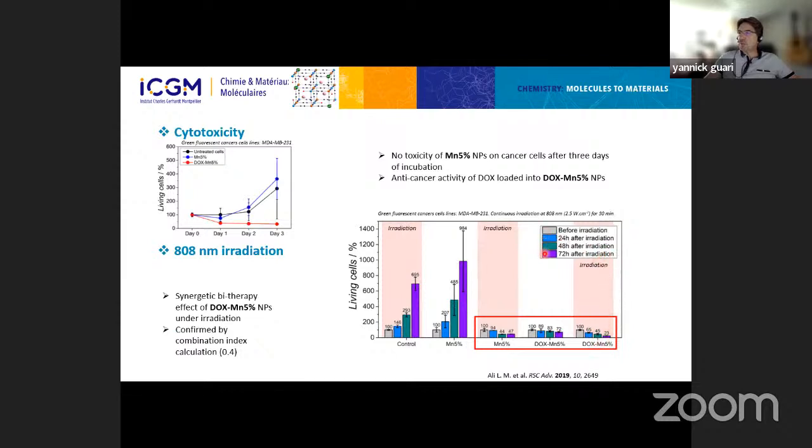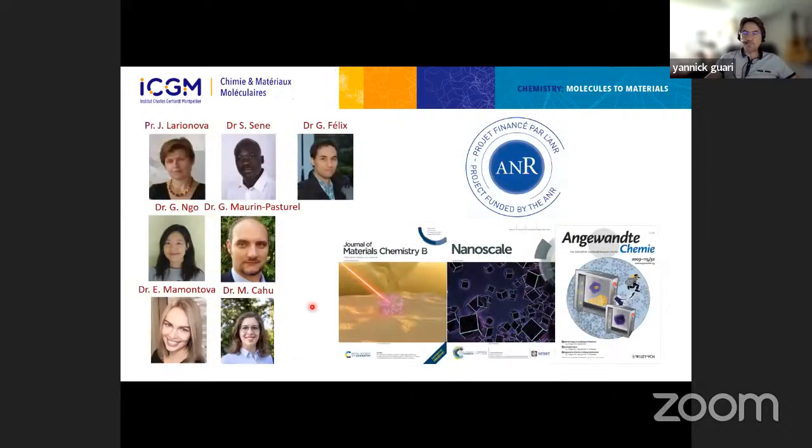The different colors correspond to before irradiation, right after irradiation, and 24, 48, and 72 hours after. We can clearly see that when we have both irradiation and doxorubicin, the efficiency of the nanoparticle is clearly better, which is confirmed by the combination index calculation, which is inferior to 1, showing that there is really an additional value of the combined treatments.